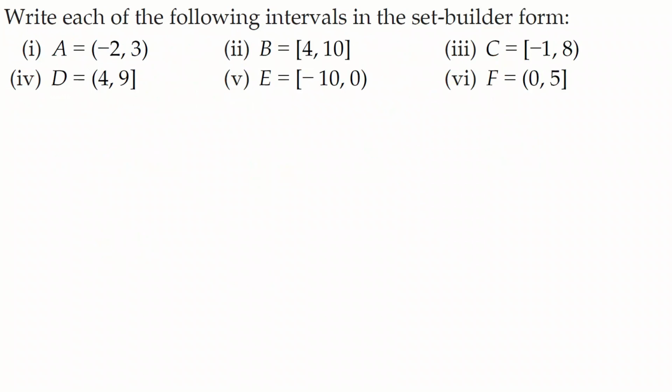Now let's do the reverse. We are given the sets in interval forms and we need to write them down in set builder forms. I'll just do 2 of these for you and leave the rest for you. So A is the set of all those x's where x belongs to real numbers such that -2 less than x less than 3.